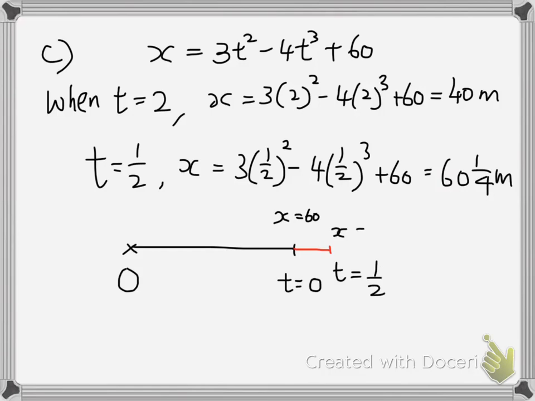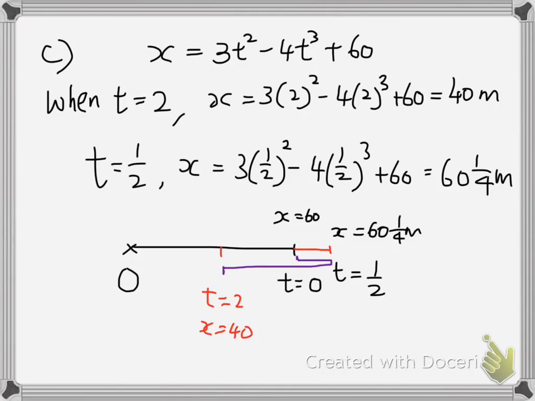It is at 60 and a quarter. And we also say at 2 seconds, where is this body? At 2 seconds, the body is at 40. So how this body has moved, it would be from here, goes all the way there, and then it comes back to this place.